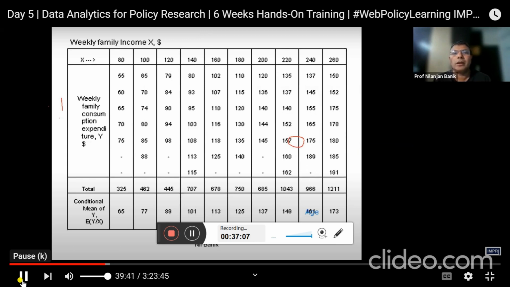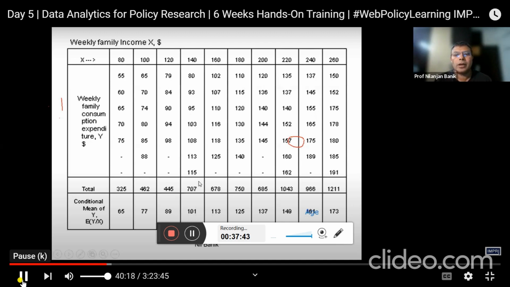So here, just to make sense, given the population and the stratification, at which income level do you think you have the maximum number of people? It is 140. You see, in this group I have more observations: 1 2 3 4 5 6 7.